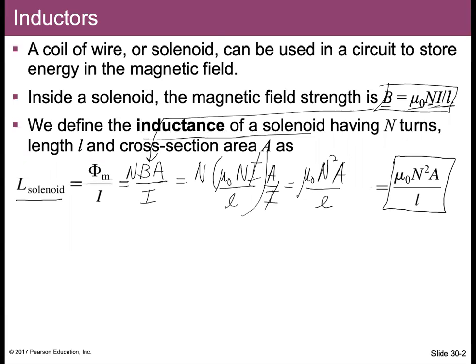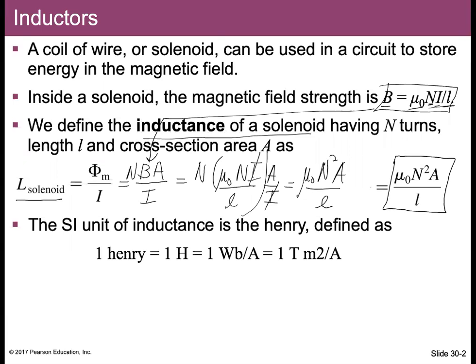Now that's the inductance. The inductance has units of what we call henries. That's the unit for the inductance, and 1 capital H is equal to 1 weber per ampere, and that equals 1 tesla meter squared per ampere.